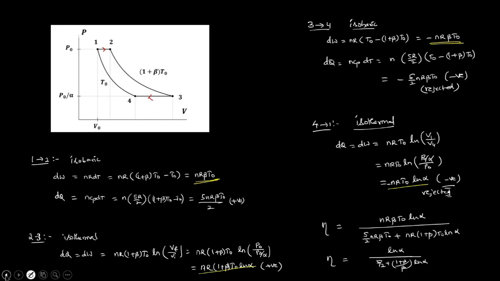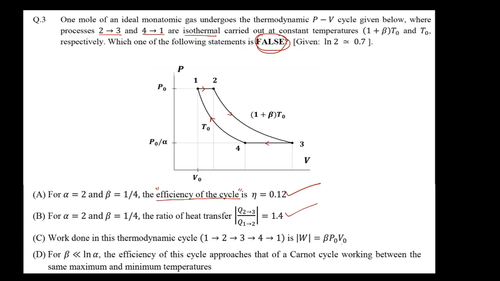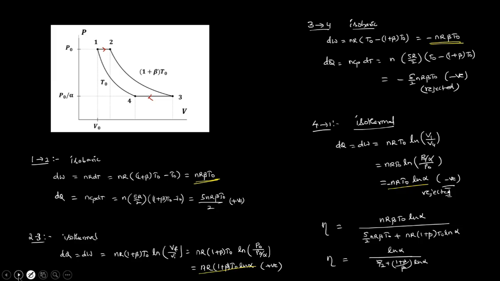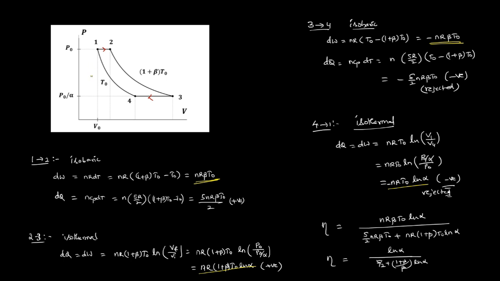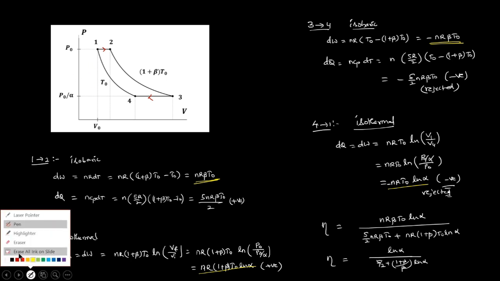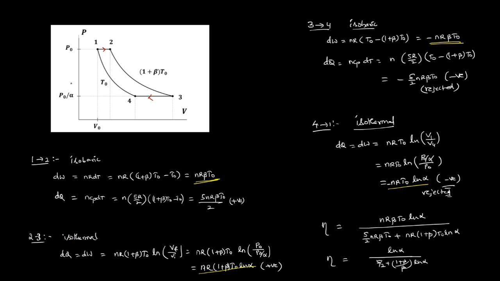But what is given in the option? In the option is given beta P naught V naught. Let us see. So beta into nR T naught ln alpha. nR T naught can be written as, see, T naught is the temperature at the first point, state 1. If you check this state, what is the pressure? P naught is the pressure, T naught is the temperature, volume is V naught.